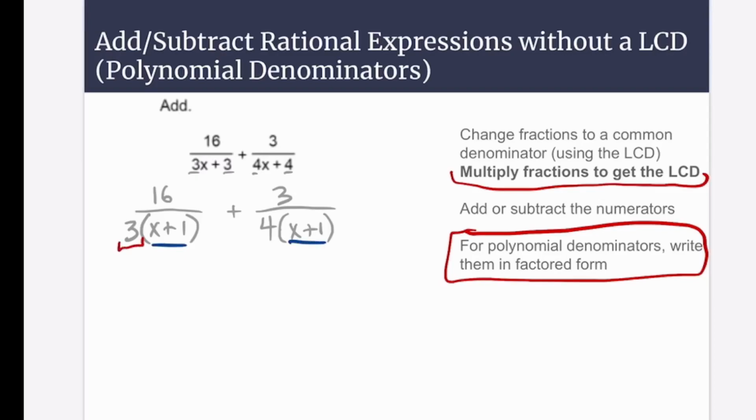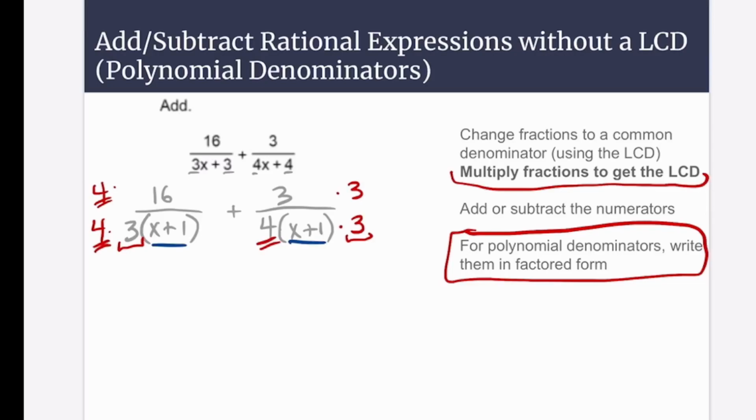The first fraction has a 3, so we're going to have to multiply the second fraction by 3 on top and bottom. Now they both have an x plus 1, and they're both going to have a 3. The second fraction has a 4 in the denominator, but not in the first one. So the first fraction we're going to have to multiply by 4.